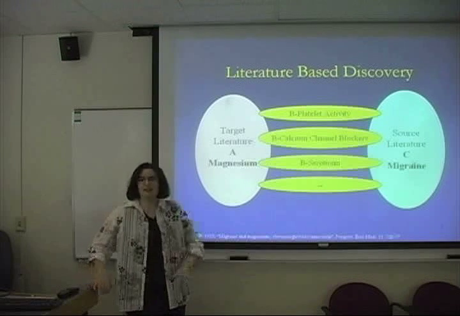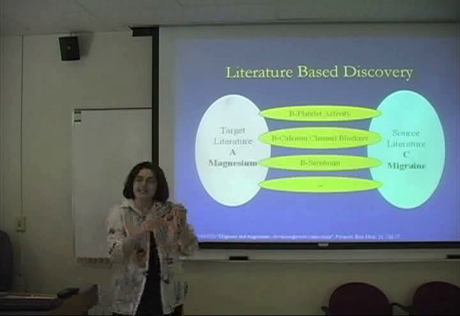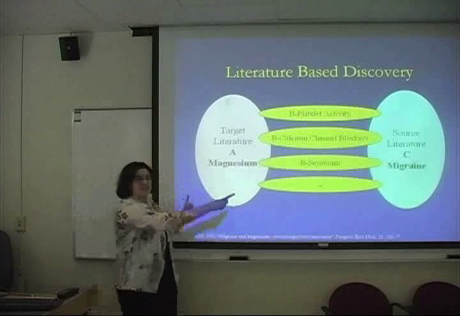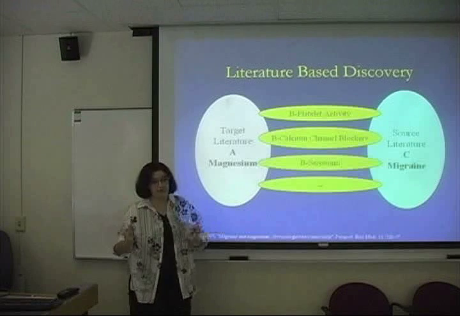It's not discovery in the sense that I'm going to find something that somebody else has written. It's discovery in the sense that this transitive connection has not been seen before.